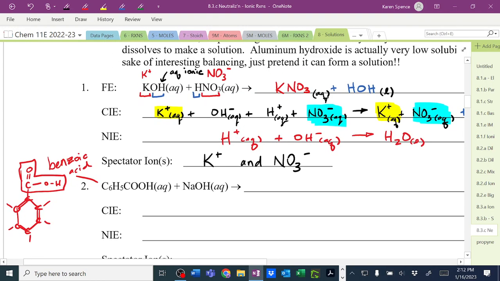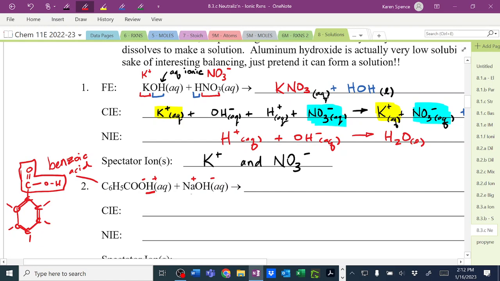All right, now we're going to remember it's this hydrogen that comes off. So we can't really do outside ions and inside ions for this one. We just have to say my cation goes with my anion and my cation goes with my anion. So this is my cation and that one's my anion. This is my cation, that's my anion.